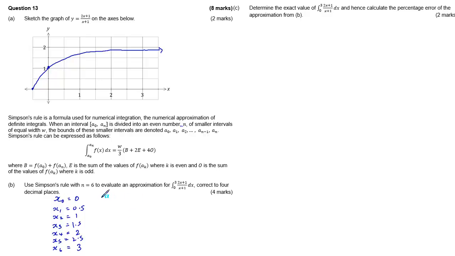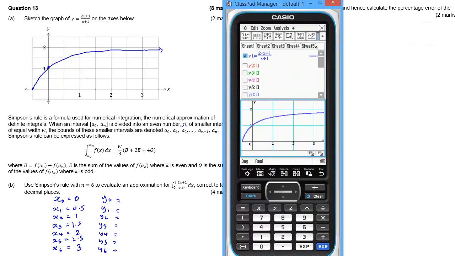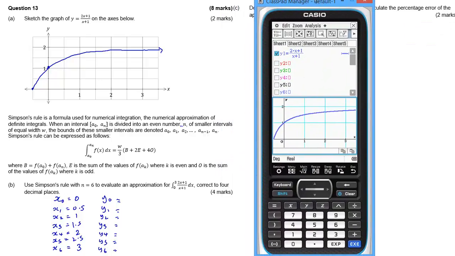So we now want the corresponding y values. So y0, y1, y2, y3, y4, y5 and y6. And of course we can use the calculator to produce these very quickly for us. So we're already in graph and table, which is great.